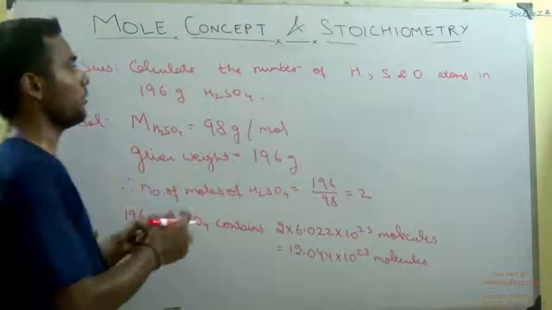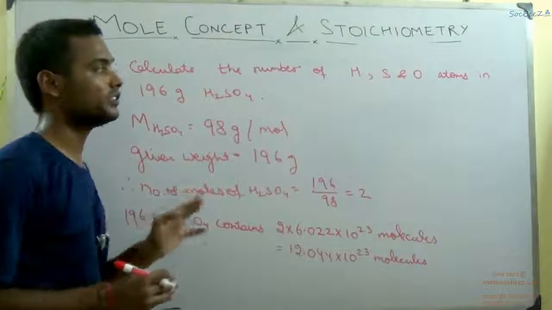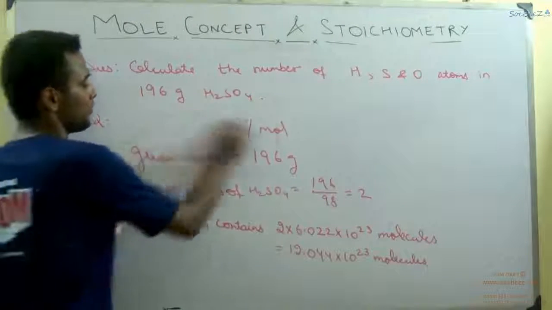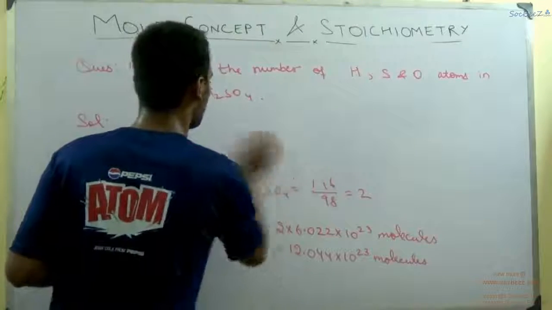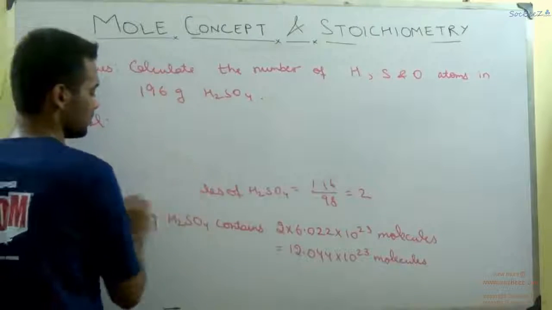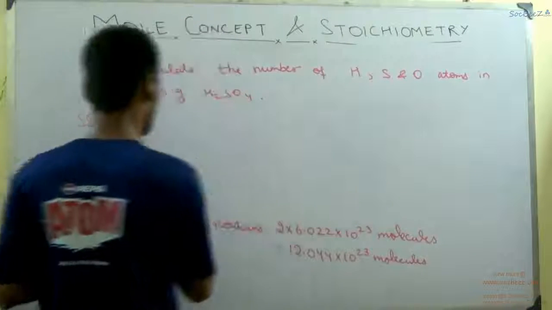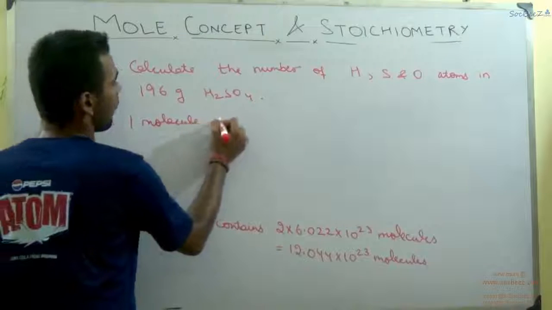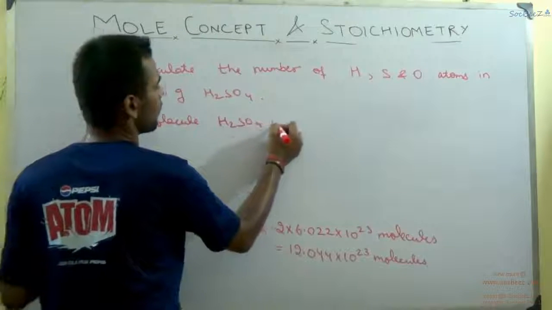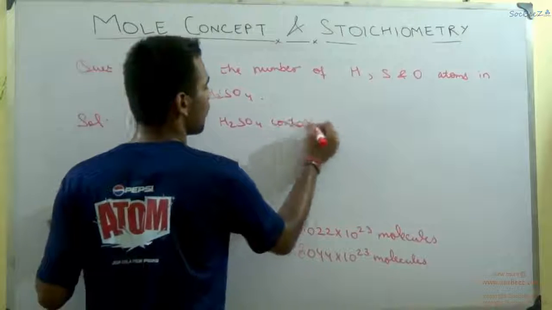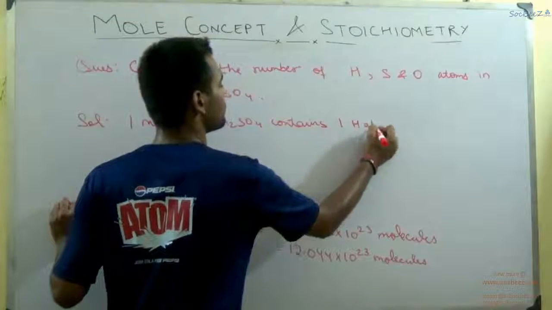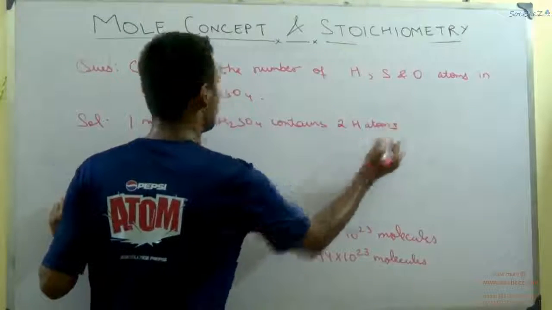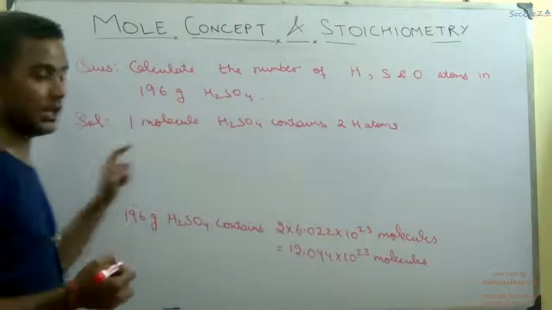Now let's go on to calculate the number of hydrogen, sulfur and oxygen atoms in 196 gram of H2SO4. Since 1 molecule of H2SO4 contains 2 atoms of hydrogen, 1 molecule of H2SO4 contains 2 H atoms.